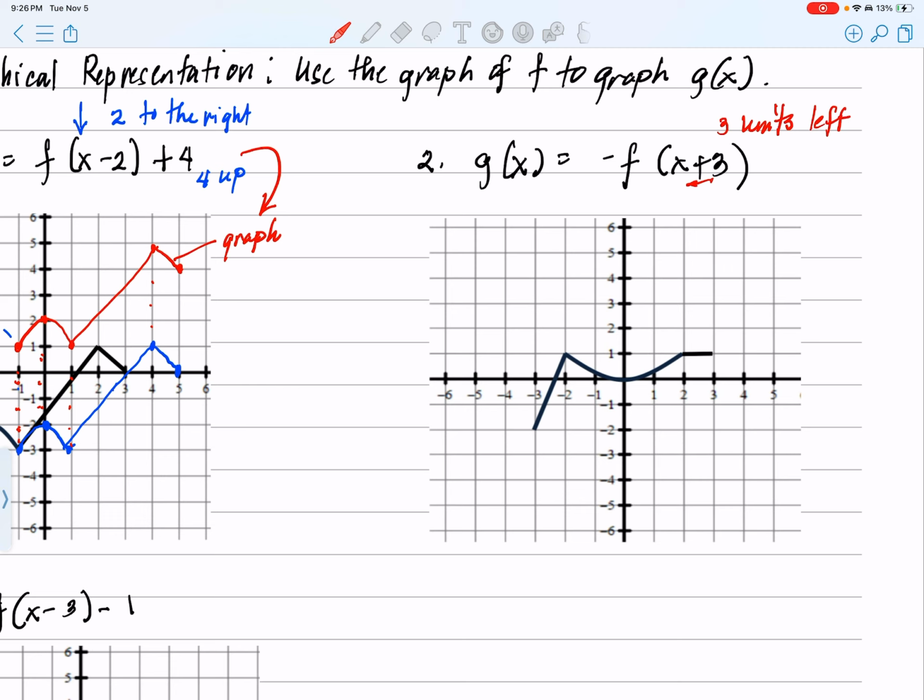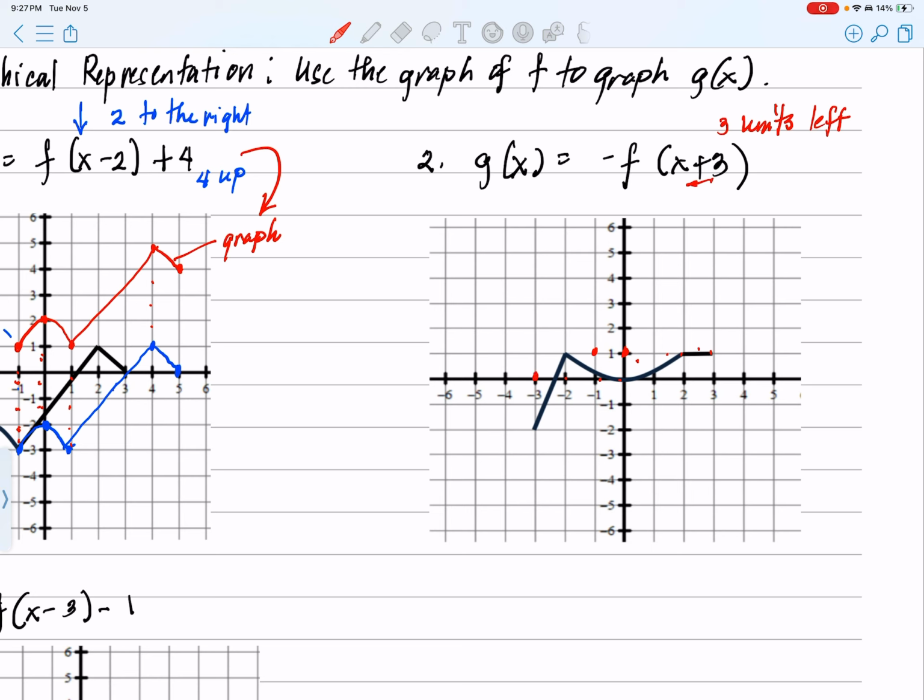So this point will be 1, 2, 3. All right. This point will be 1, 2, 3. Okay, I'll do this. This point will be 1, 2, 3 right here.